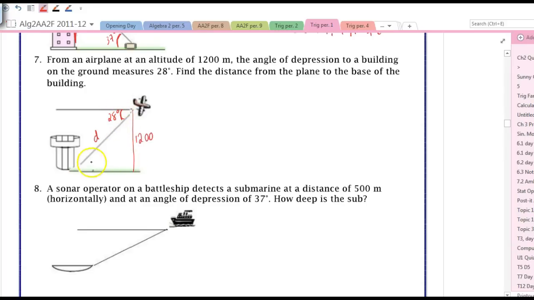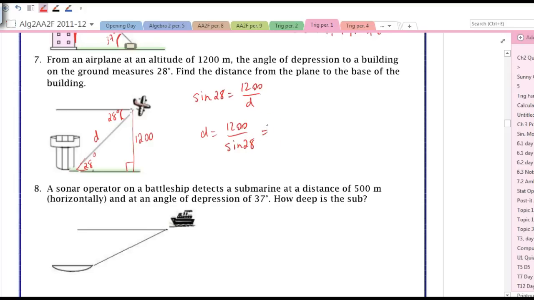So, if that angle of depression is 28, this angle down here is also 28. Sorry, a fly landed on my screen. I don't like flying. Alright, looks like this is another job for sine. So we have sine of 28 equals 1,200 over D. And again, that means that D equals 1,200 over sine of 28.